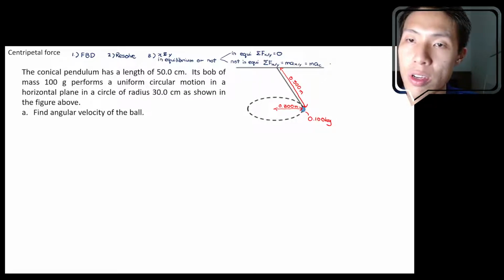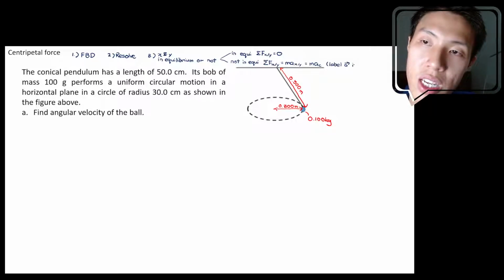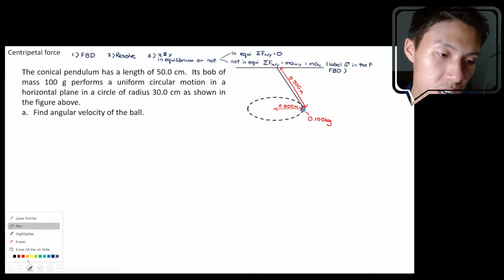Because there's an acceleration, do label also the direction of acceleration in the free body diagram. Why do you need to label it? Because it allows you to know where to take as the positive direction and where to take as the negative direction.